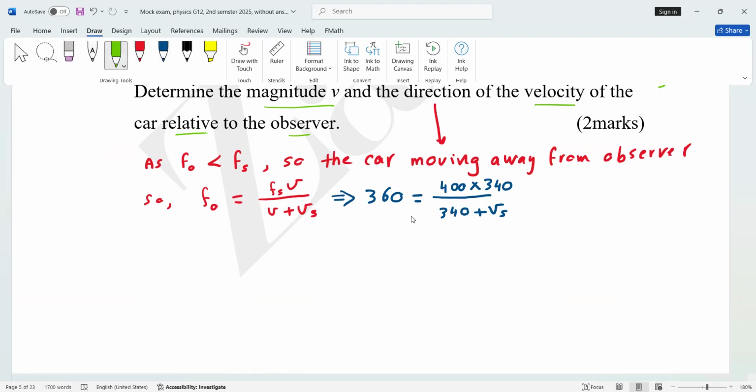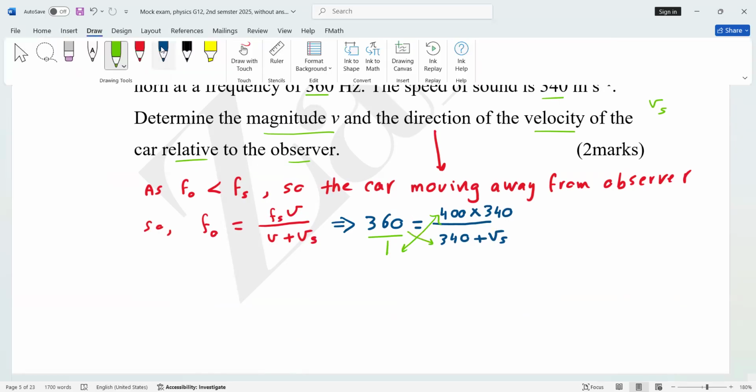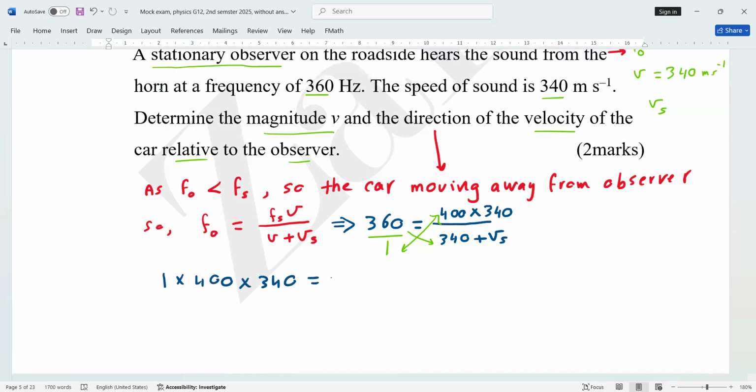And then we multiply this by this and this by this. Cross multiplication. Now, 400 multiply 340, or I can do it step by step, equals 360, open bracket, 340 plus Vs. We divide both sides by 360 to simplify, so we cancel this.